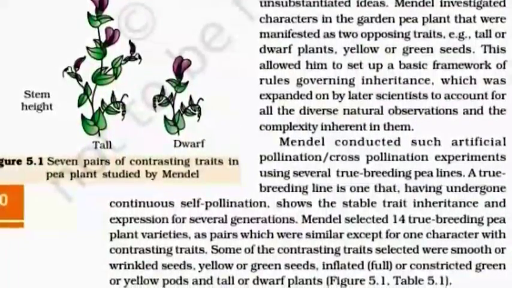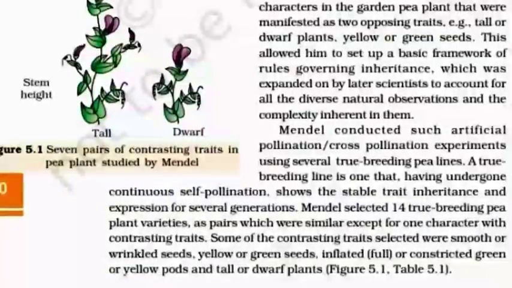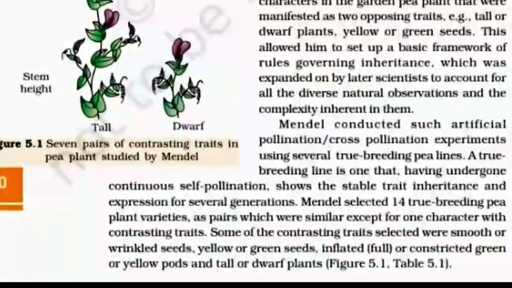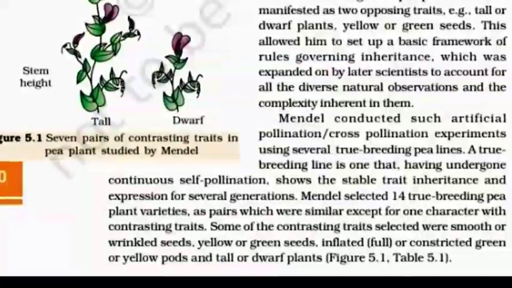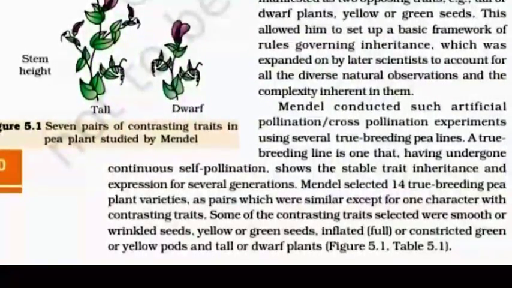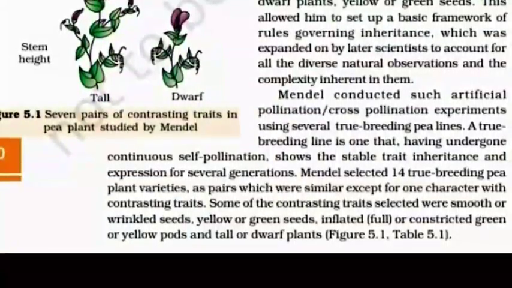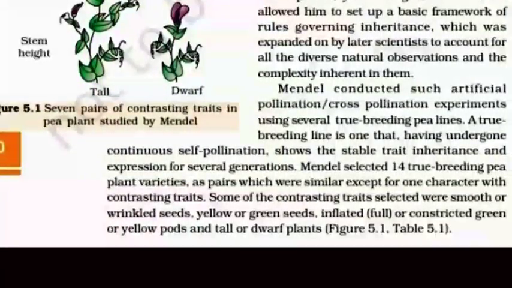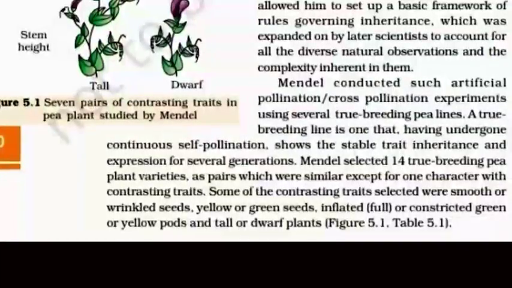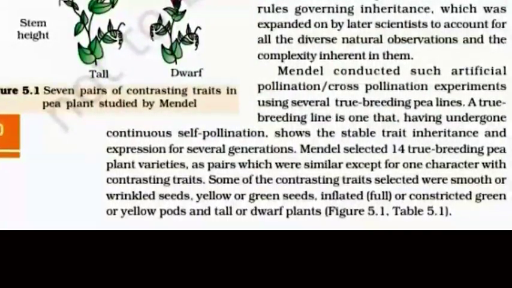Mendel selected 14 true breeding pea plant varieties as pairs which were similar except for one character with contrasting traits. Some of the contrasting traits selected were smooth or wrinkled seed, yellow or green seed, inflated or constricted pod, green or yellow pod, and tall or dwarf plants.